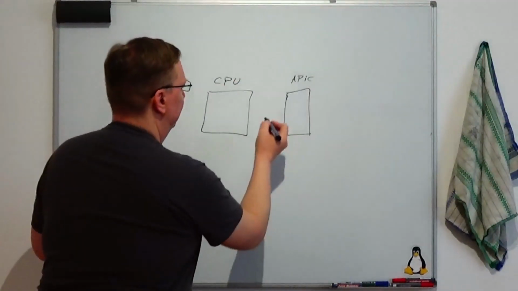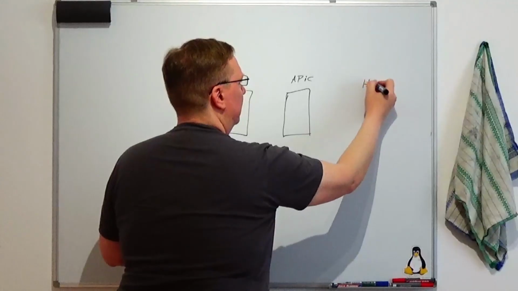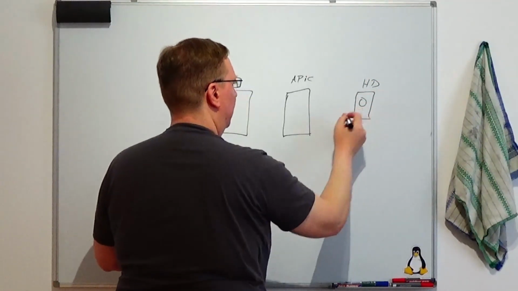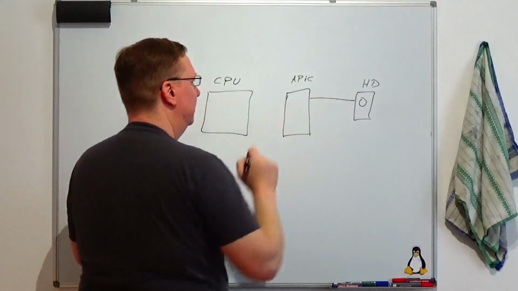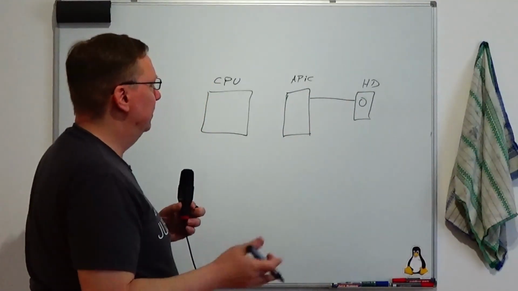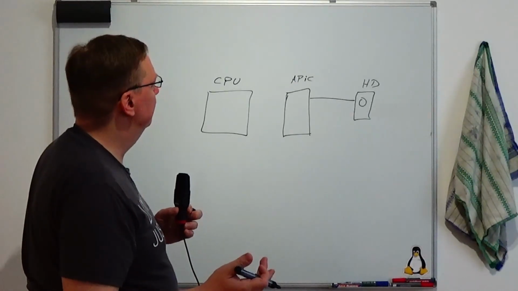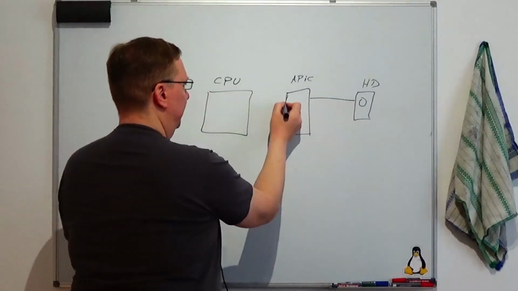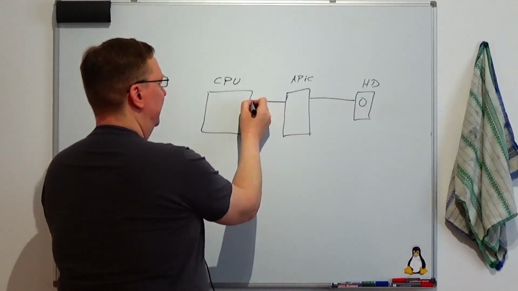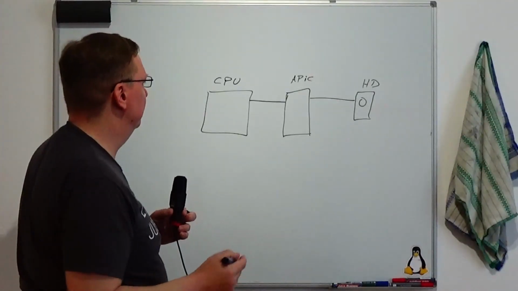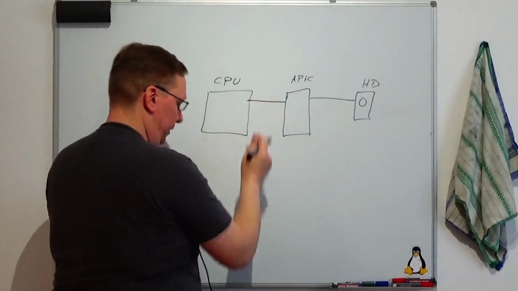Okay, and the hard drive is connected to the interrupt controller, and when the hard drive is done fetching the data, it tells the interrupt controller, and the interrupt controller has one line, one connection to the CPU, to one pin here.